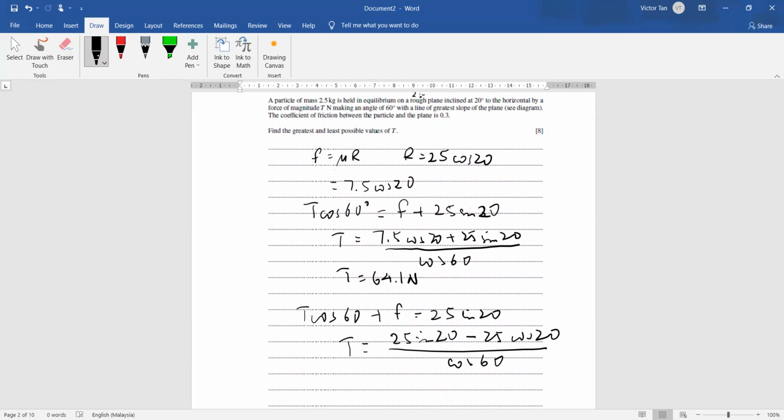So this answer is wrong. So it's 31.2 Newton.